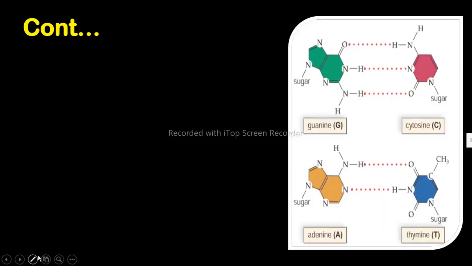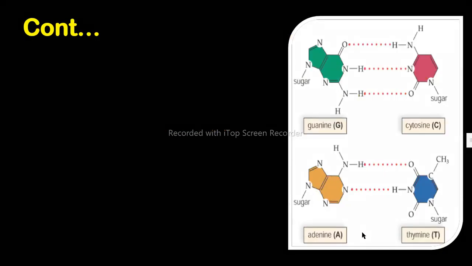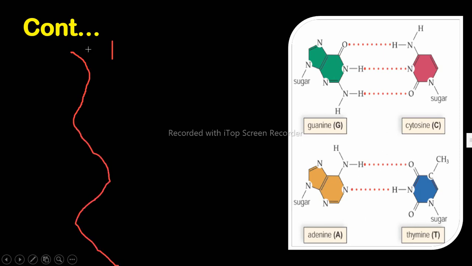Now, for the case of DNA, let's briefly talk about it. You saw that DNA is made up of 2 strands that are twisted together, wound together to form that double helix. You remember that? Yes, we talked about it from the very first slide.